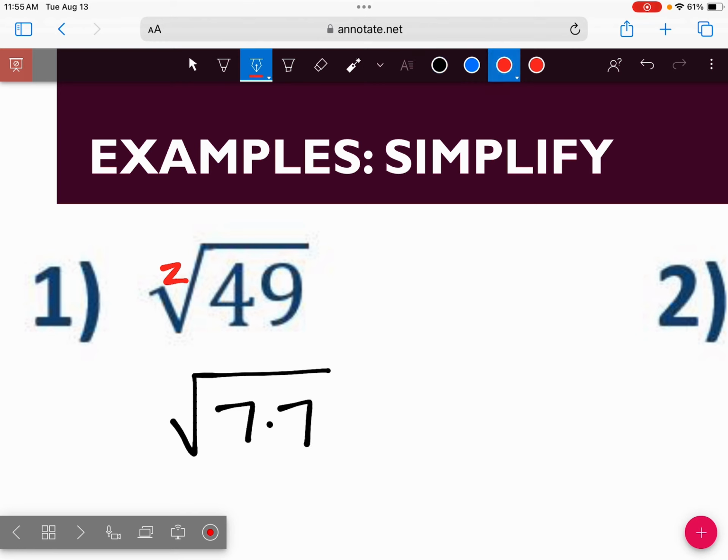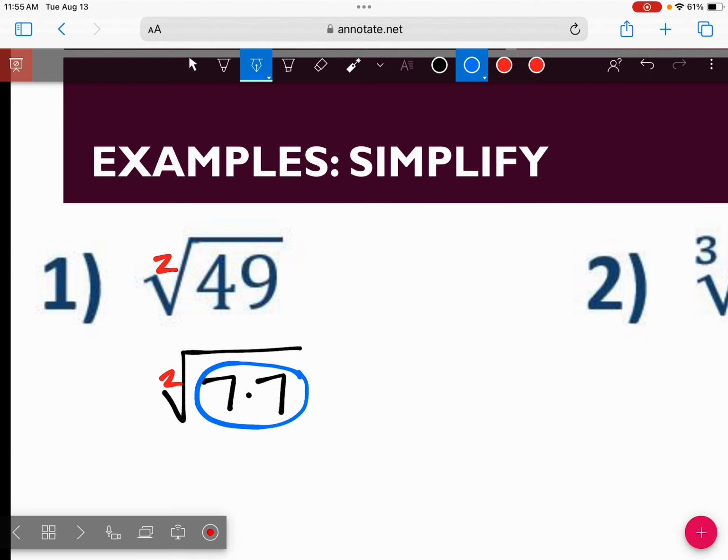So because my index is 2, that means I'm looking for a pair, and I do have a pair of 7s. And that's why the square root of 49 is 7. We're not solving an equation, so we don't need to include the plus minus. We're simplifying, so we don't need a plus or minus. So that's why the square root of 49 is 7. It's because we have a pair of 7s.